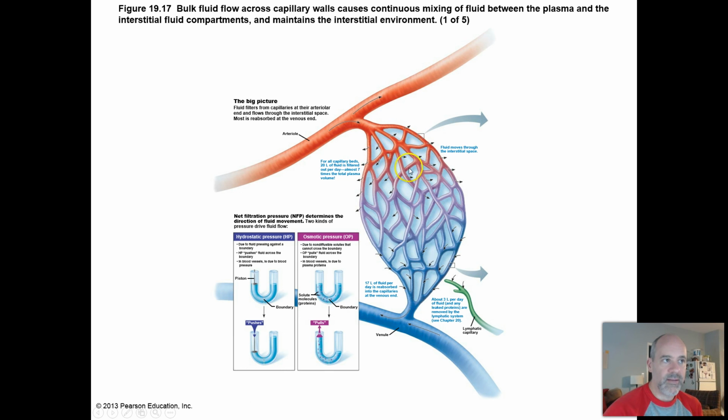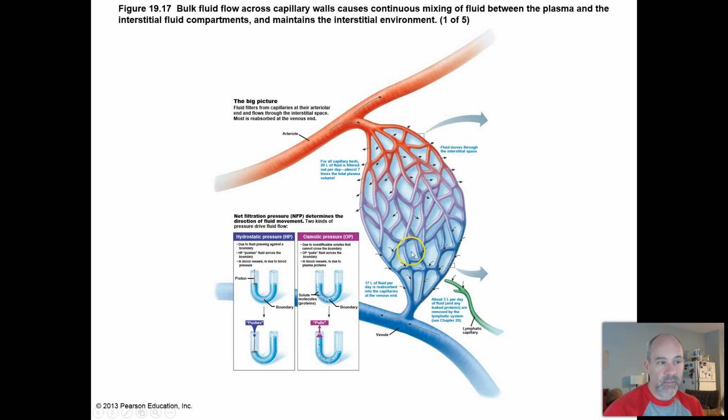And at this end, and this is where we have our oxygenated blood, hydrostatic pressure inside the capillaries is high enough that it's pushing fluid and solutes out. As the blood keeps passing through here, your hydrostatic pressure is dropping and dropping as you move across the capillary bed.